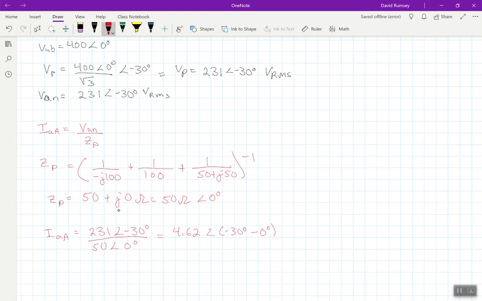But the reason I emphasize it is if you got your load to be something like 50 plus J10, or like I did 25 plus J25, we have an additional angle in there that we'd be subtracting off after we do our division. Okay, but we don't have that, and so this is simply 4.62 at an angle of negative 30 degrees amp RMS.